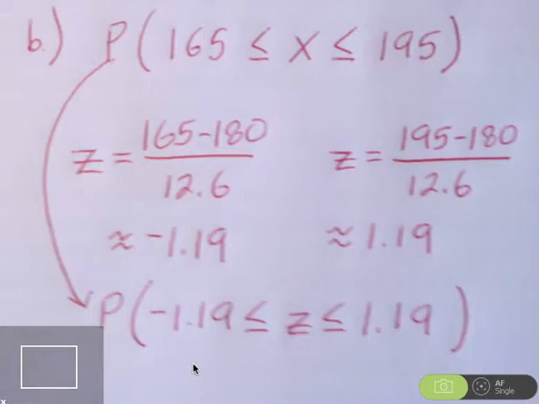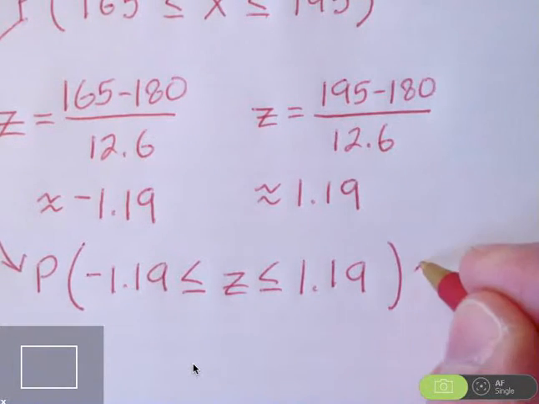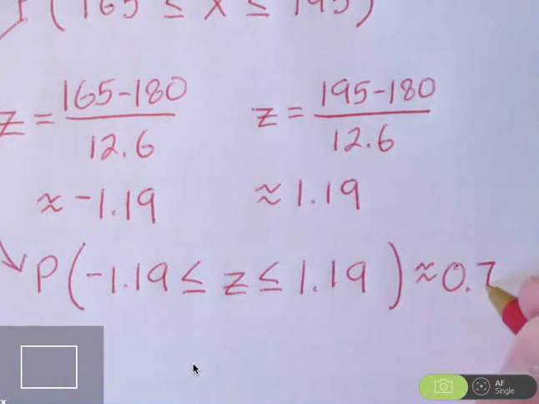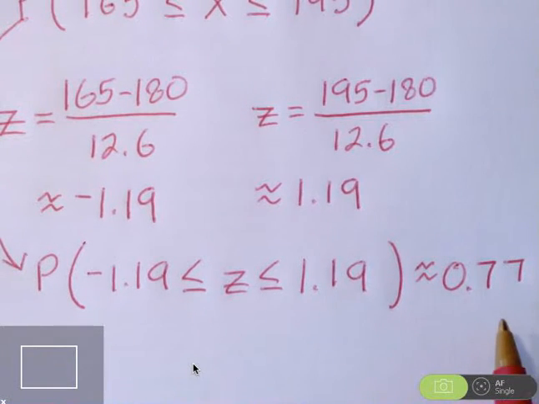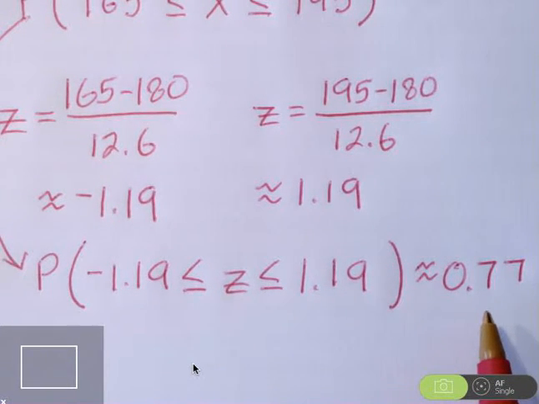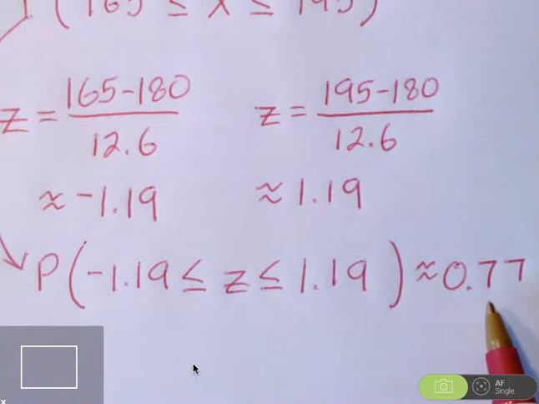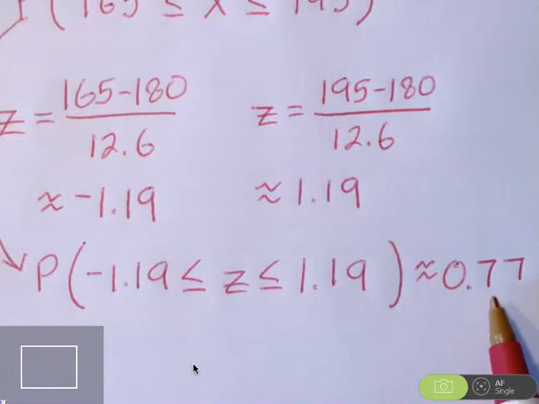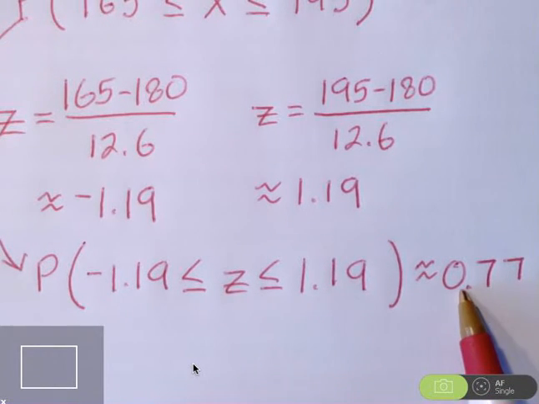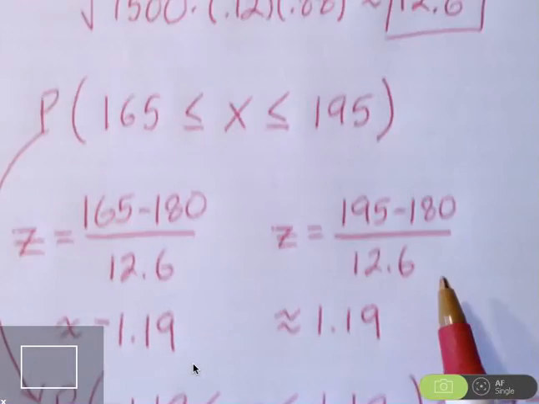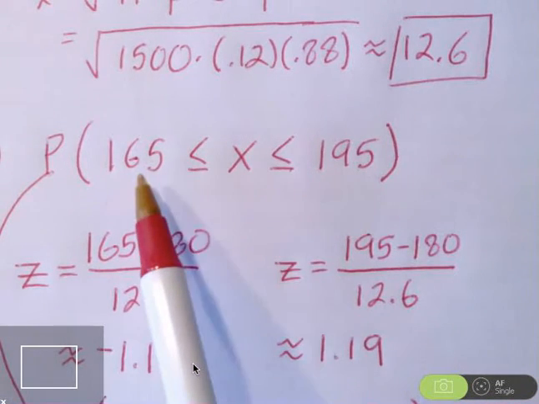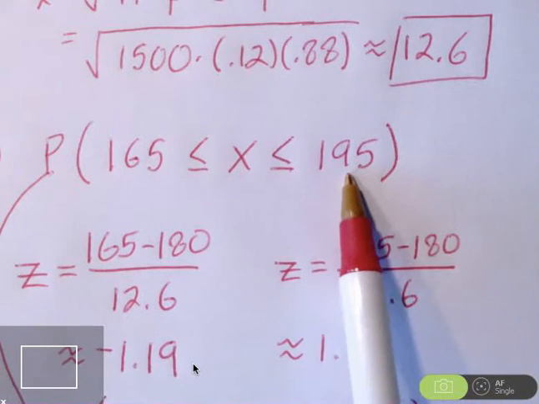So what have we accomplished here? With the probability of about 0.77, this says that using this sampling procedure, if I have a random sample under the condition that the actual percentage of black adults in America is around 12%, what I would expect about 77% of the time, or about 3/4 of the time, is to get counts between 165 and 195.